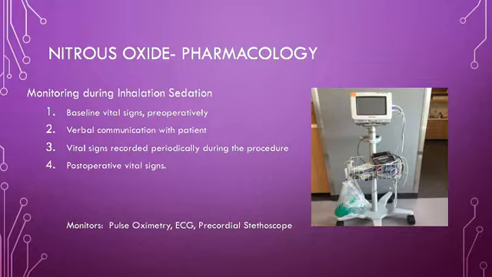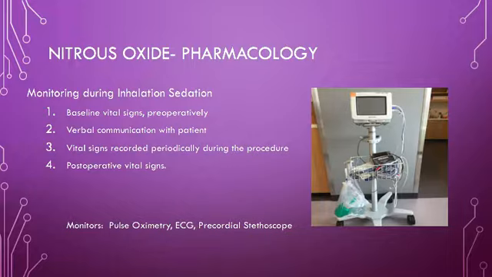You're going to need to document that the patient gave consent for the use of nitrous oxide. And also you're going to need to record all the vital signs periodically during the procedure, and then have a final set of vital signs after you're finished.